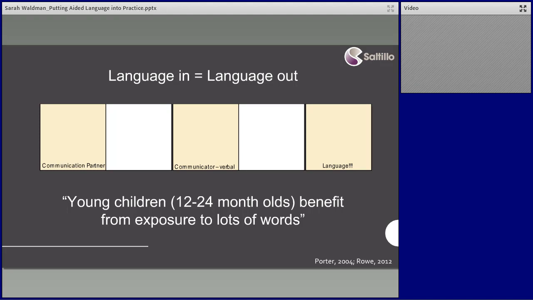So for a whole year, we're labeling, we're naming things, we're pointing to things, and then finally a year later, they usually say a word that they've heard so many times. Well, that has to be considered when we're thinking about AAC. They need to be hearing models constantly, and it's going to take lots of repetition, lots of time, and lots of models before they may be proficient in using it as well.